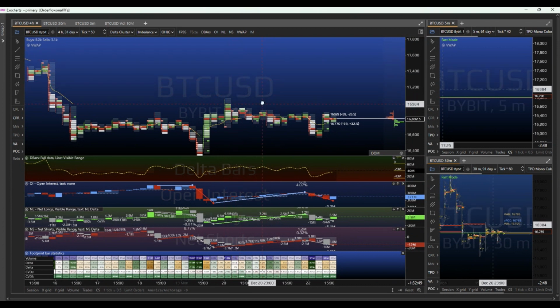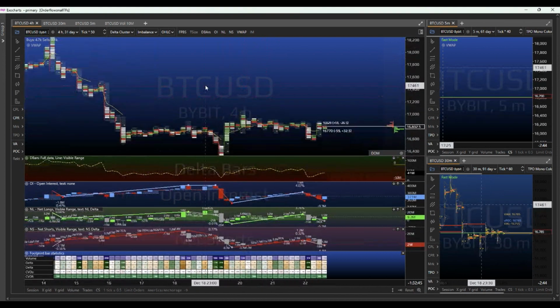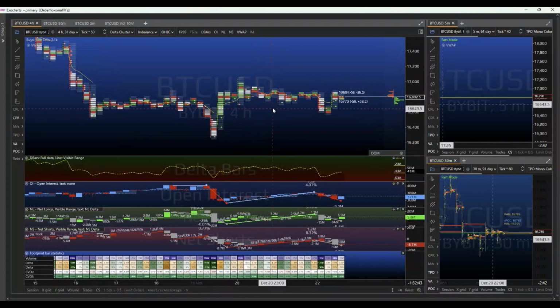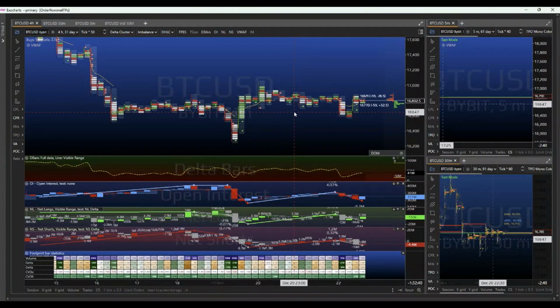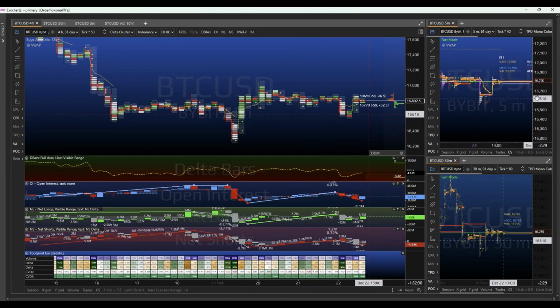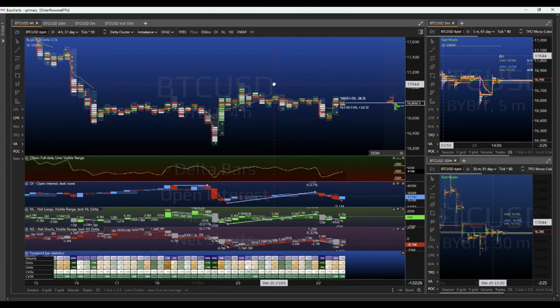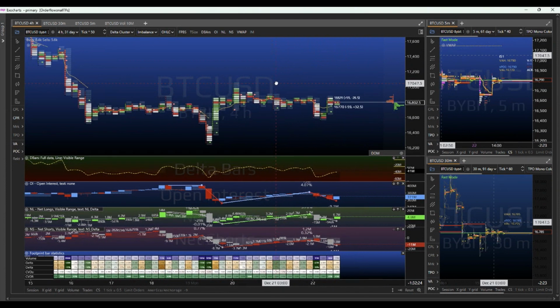No closing statements. Just if you guys enjoyed the stream, and you want to know more about, like I said, the CVD, the volume, open interest, net longs, net shorts, and even some of these other templates, and even single prints. I think with single prints, you guys could probably make a lot of money.